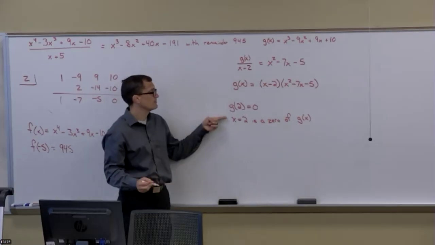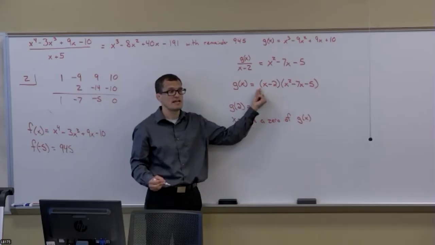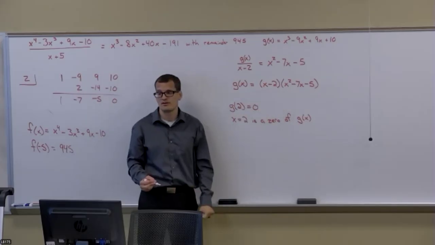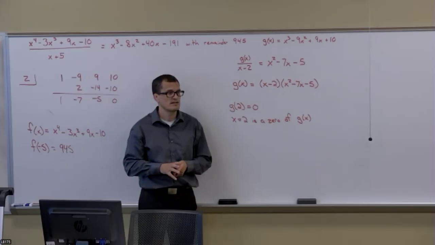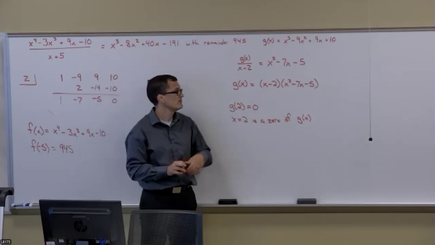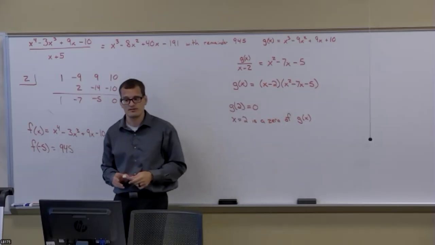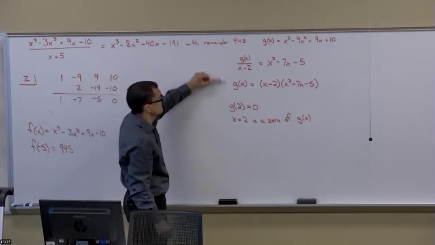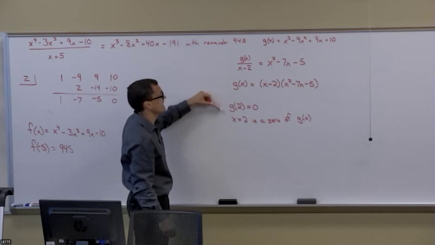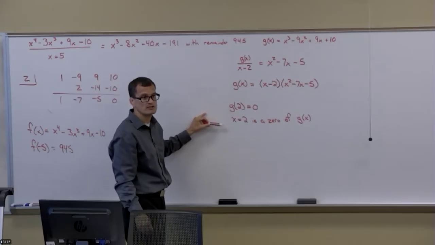So the zeros of the function are going to correspond with factors that look like x minus those numbers. Get that? So the zeros of the function correspond to factors of x minus whatever that value is. And this is the key to finding zeros of polynomial functions.